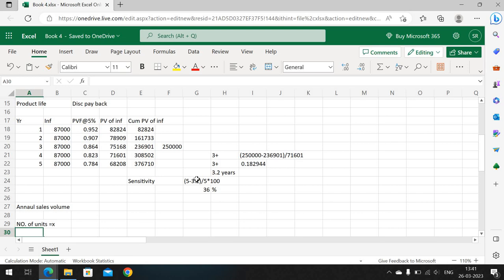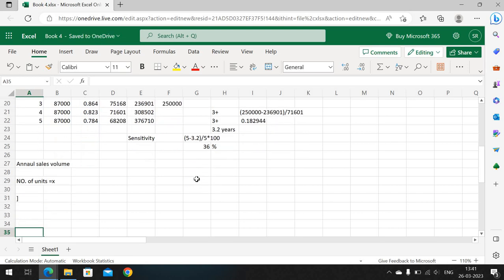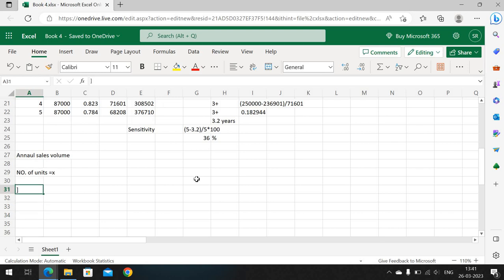Always remember in sensitivity, NPV will be 0, that is inflow is equal to outflow. Here inflow is sales: 22 rupees per unit into X, number of units, into 4.33 for 5 years.